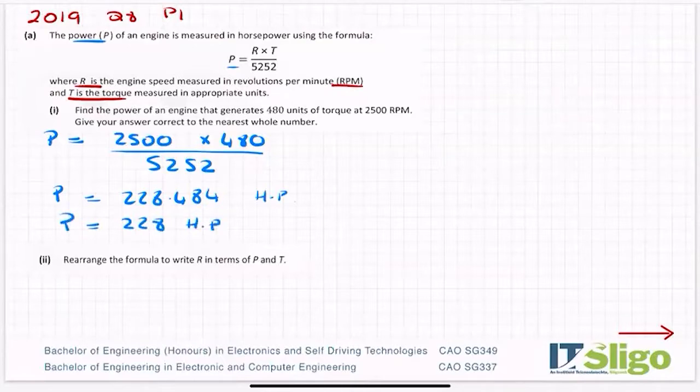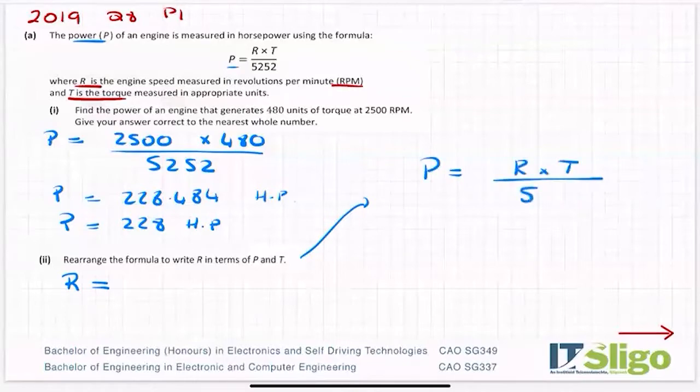Part 2: rearrange the formula to write R in terms of P and T. So in other words, I need R equals. The worst mistake you could do in formula manipulation is to try and do it all in one step.